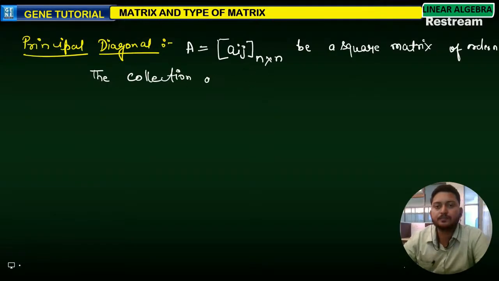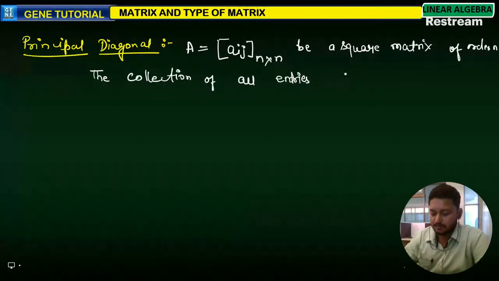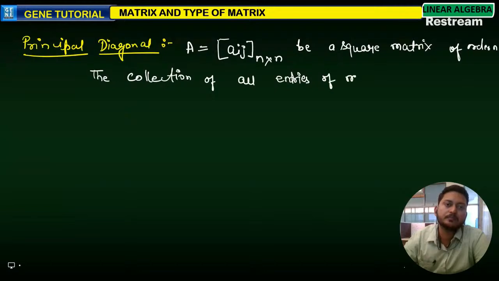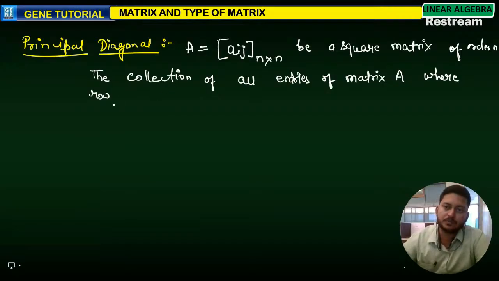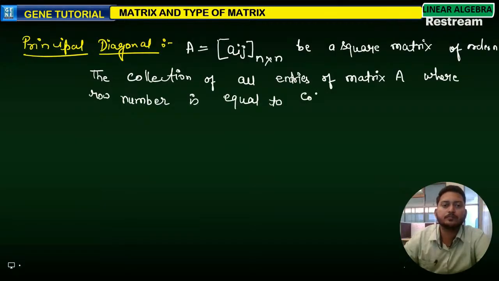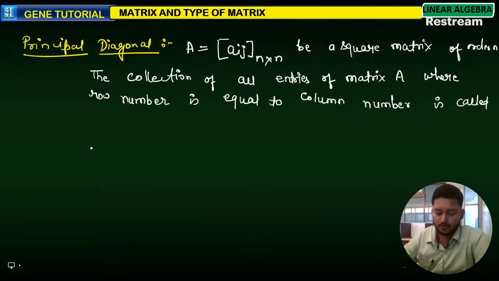The collection of all entries of matrix A where the row number is equal to the column number is called the principal diagonal.